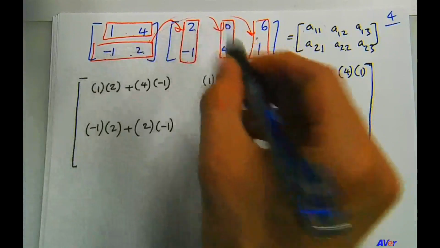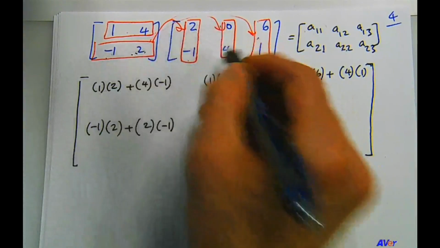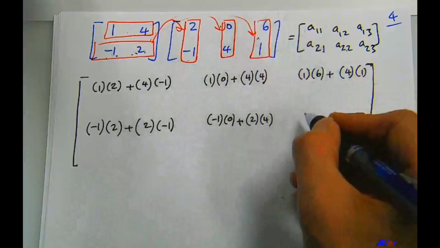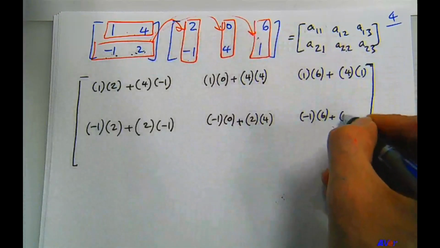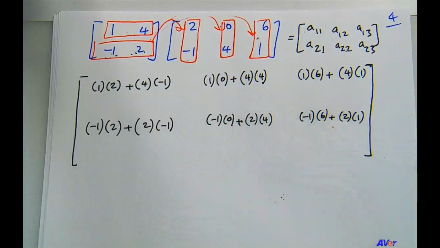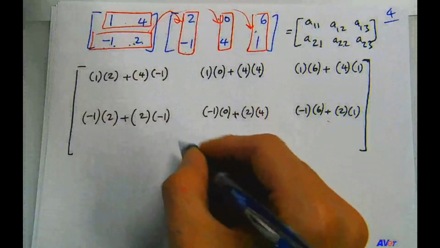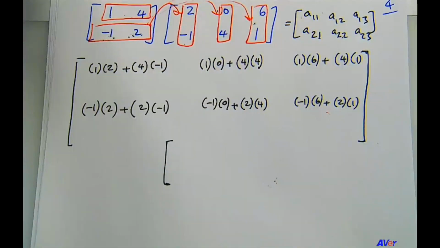Negative 1 times 0 plus 2 times 4. Finally, negative 1 times 6 plus 2 times 1. Okay, so now we can simply do the arithmetic on this and find the resultant matrix.